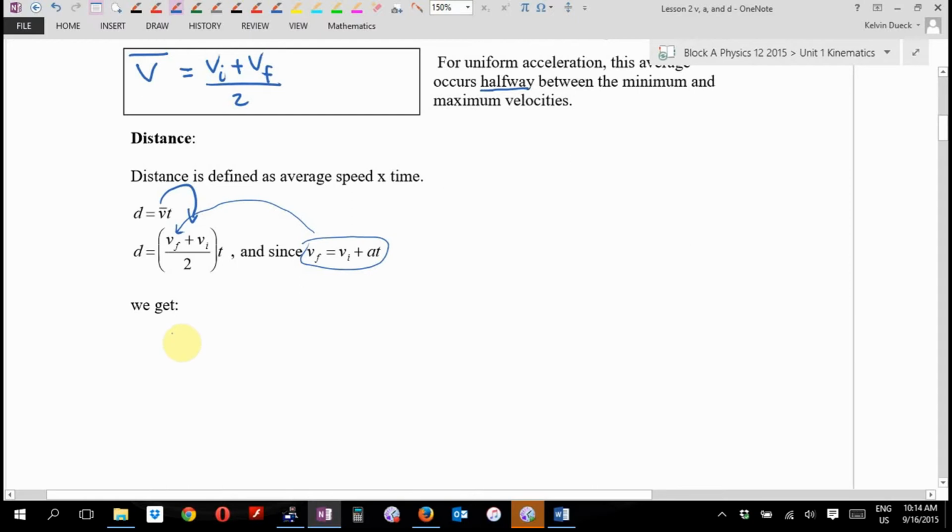What that means is I can rewrite this whole mess as a big bracket, a big fraction bar, a 2 on the bottom, and a T outside the bracket. But instead of VF, I can write VI plus AT. And then there's another plus VI that was from the original bracket.